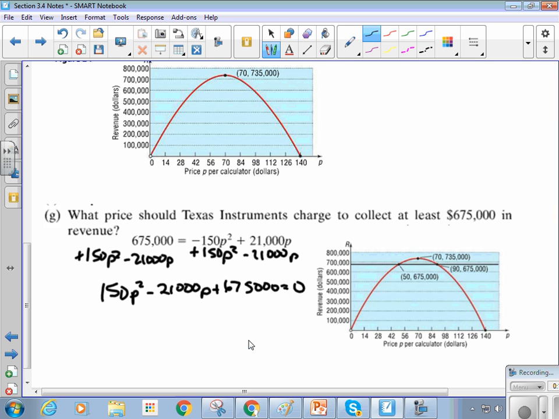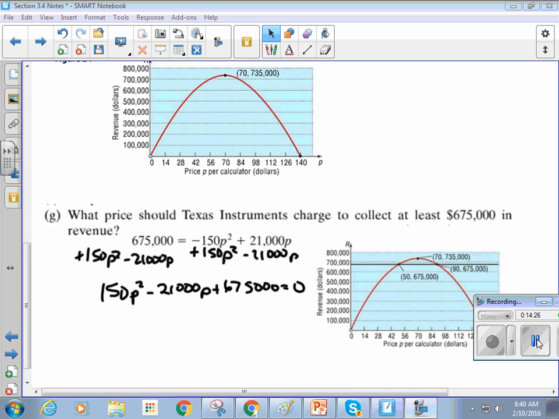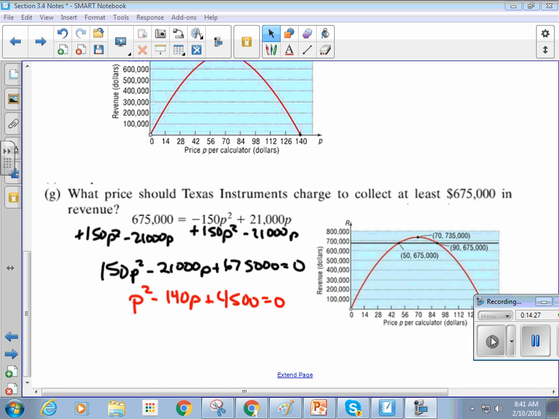Equals 0. Okay, so now I have a nice little quadratic. I can use that quadratic formula, or I'm pretty sure I can divide all this out by 150. Okay, so when you divide by 150, you get p squared minus 140p plus 4,500 equals 0. And then now I'm going to factor this.